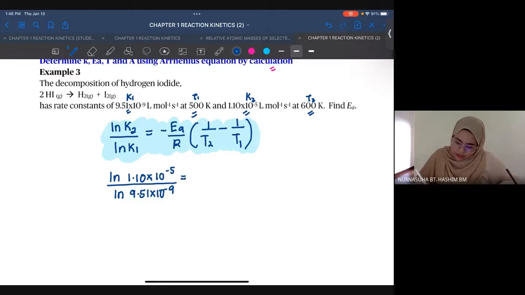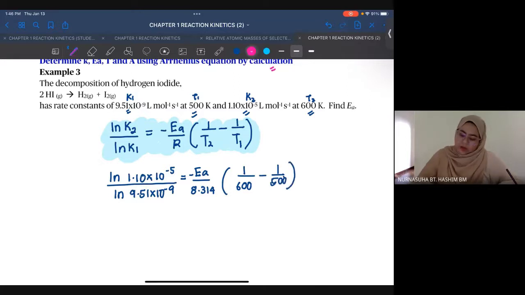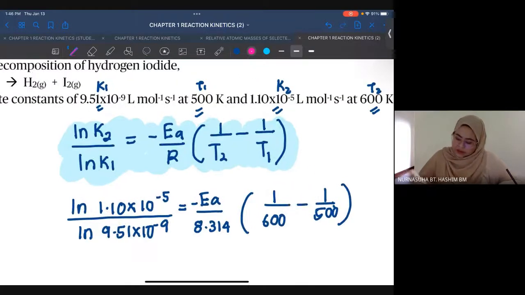Okay, kita nak cari apa? Nak cari activation energy. Okay, R dekat sini adalah gas constant. So, T2 kita 600 minus 1 over 500. Okay, but before that, madam nak clarify something.